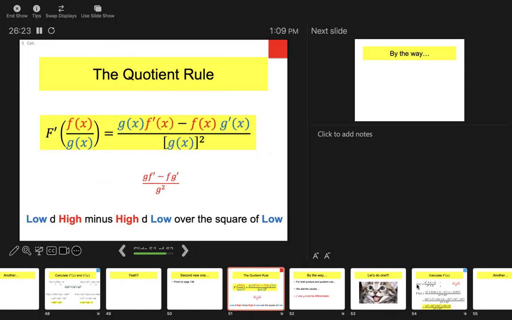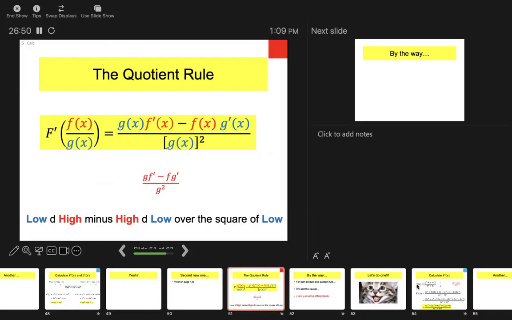It means you start with the thing in the denominator, that's low. D means derivative, so the derivative of the high function or the numerator, minus the high function or the numerator times the derivative of the low function or the denominator, all over the denominator squared. So low d high minus high d low over the square of the low.